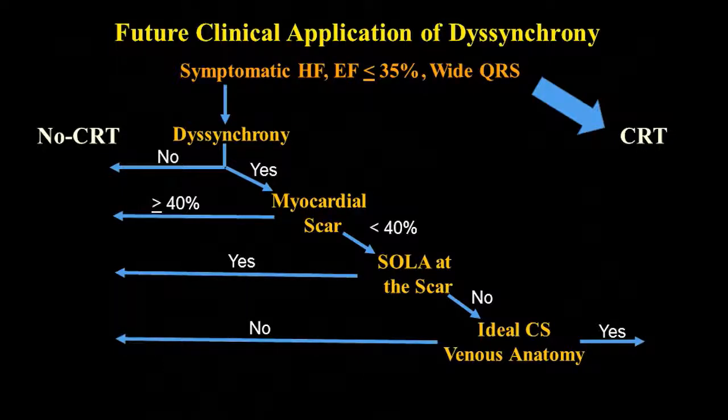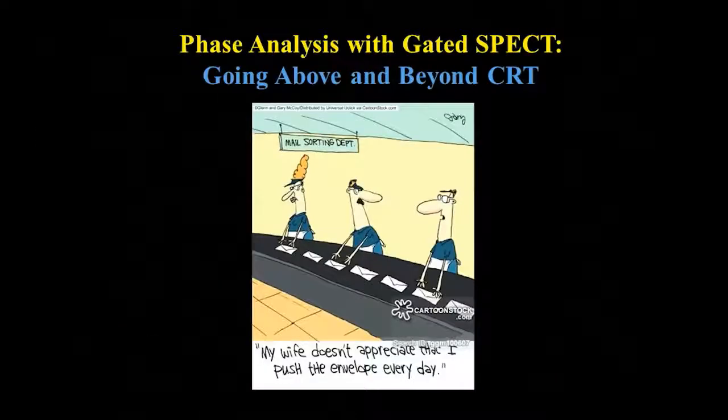So this kind of a paradigm, this kind of an approach, this data from a mix of observational and small randomized controlled trials shows that you not only have to use the low ejection fraction and electrical abnormalities, but also the presence of dyssynchrony, the presence and extent of myocardial scar, assessment of regional dyssynchrony or the site of latest activation, and whether you have an ideal coronary sinus anatomy, and only then you can improve the effectiveness of CRT.